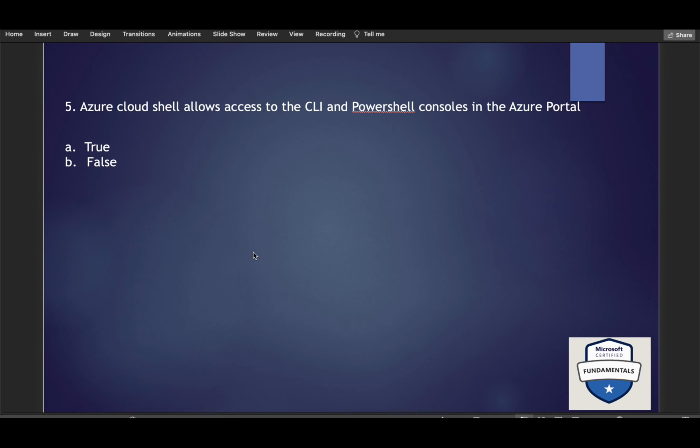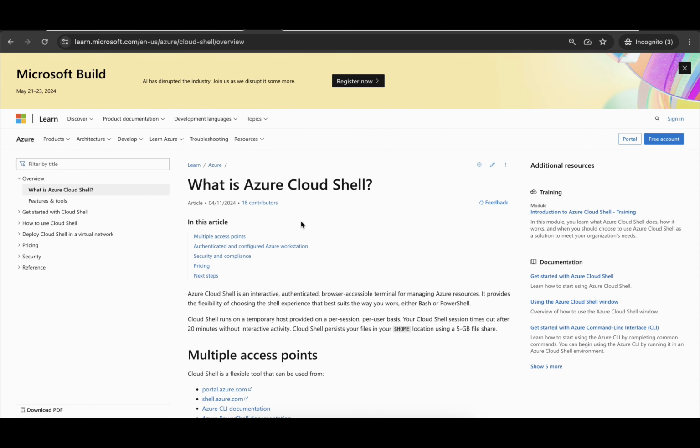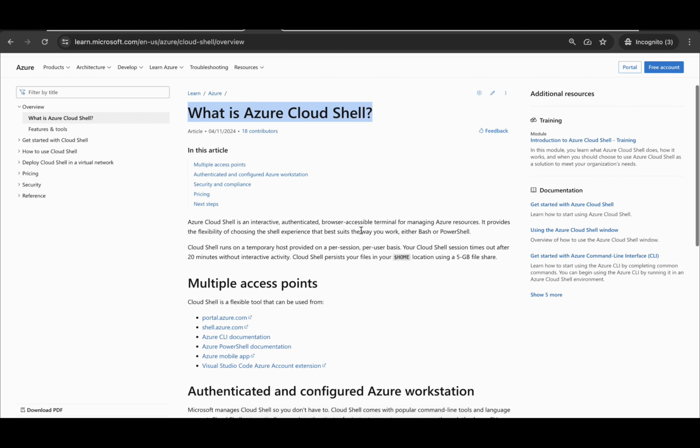Now, Azure Cloud Shell allows access to the CLI and PowerShell consoles in the Azure portal. Okay, so the answer to this is true. And if we go here, this is where we can study more on what is Azure Cloud Shell, right? So Azure Cloud Shell is an interactive, authenticated, browser-accessible terminal for managing Azure resources.